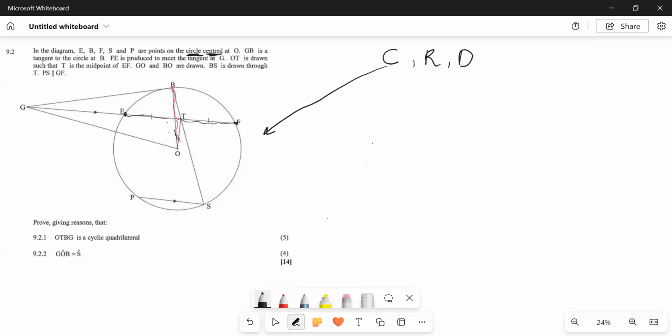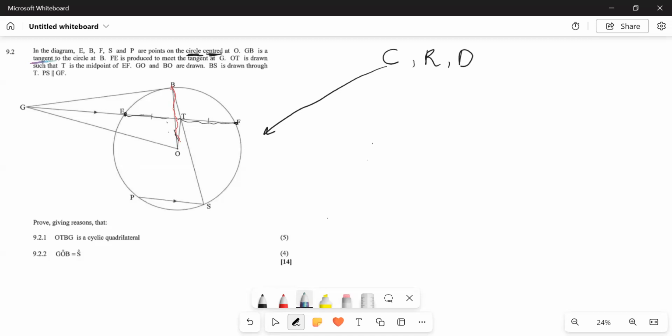So let's go down to the statement again. GB is a tangent to the circle at B. So now let me use a different color as well. Tangent, the keyword tangent says something to me.